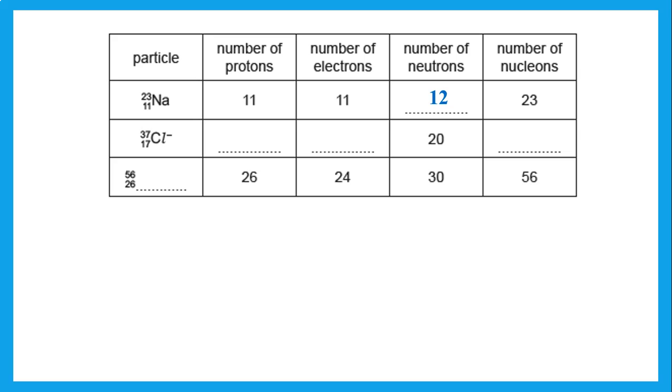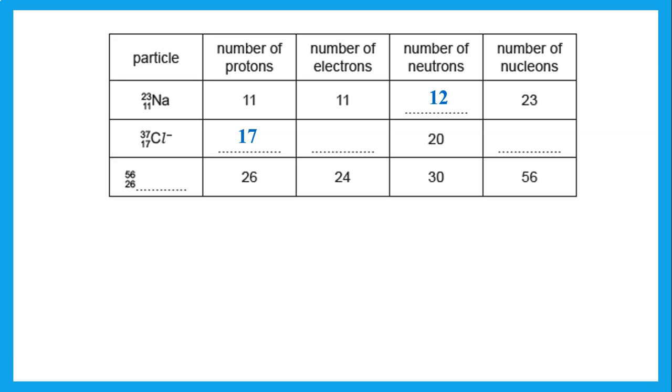What if we're talking about chlorine as a negative ion? So this is a chloride ion. The numbers are 17 and 37. So what's the number of protons? The number of protons is the atomic number or the small number, so we have 17 protons. How many electrons?